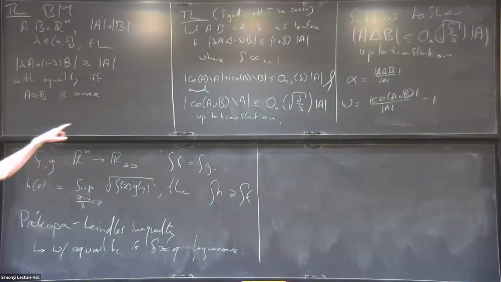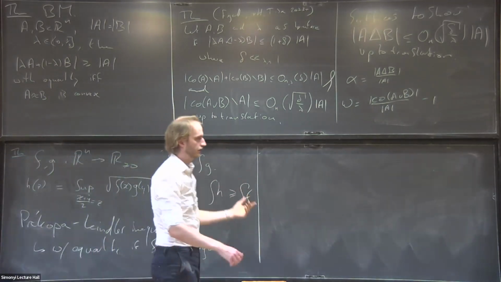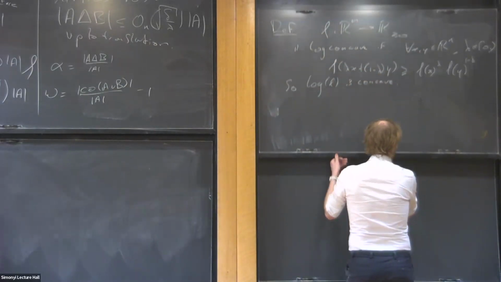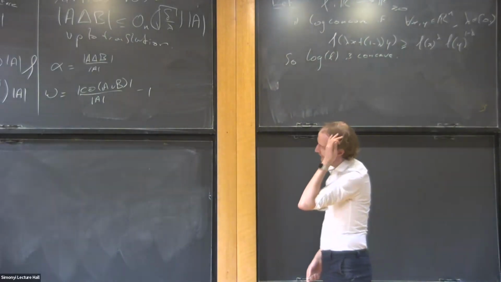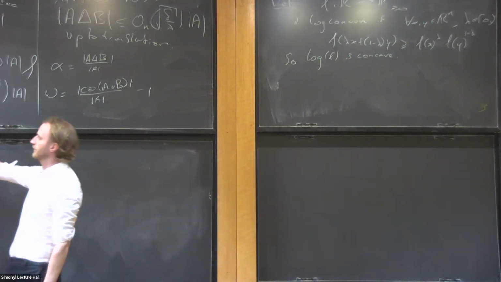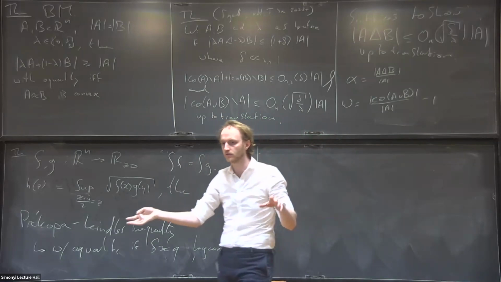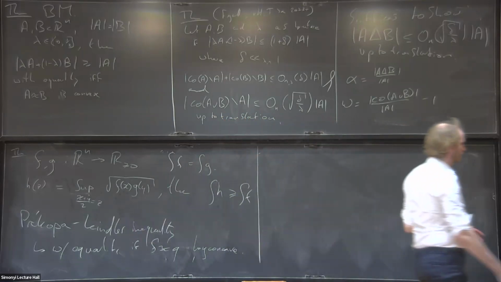Because there is a significant difference between the setup for Brunn-Minkowski and this Brascamp-Lieb regime, which is that we can't really take the convex form or the log-concave, if you will. And why is that?